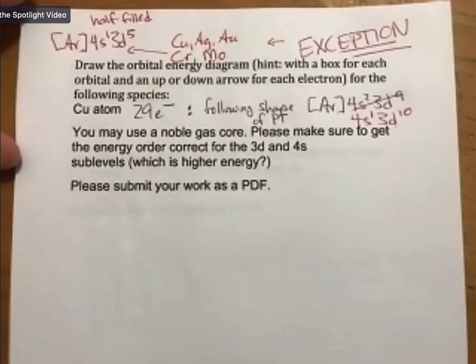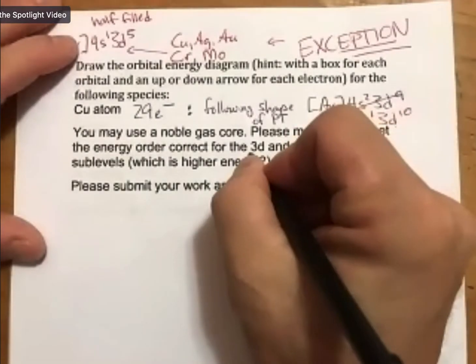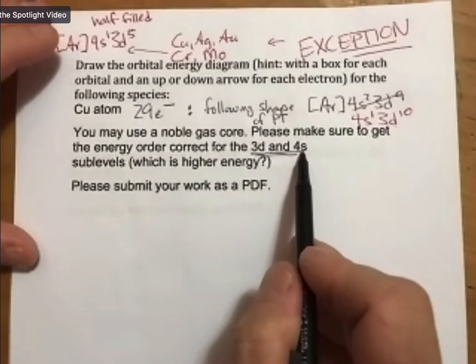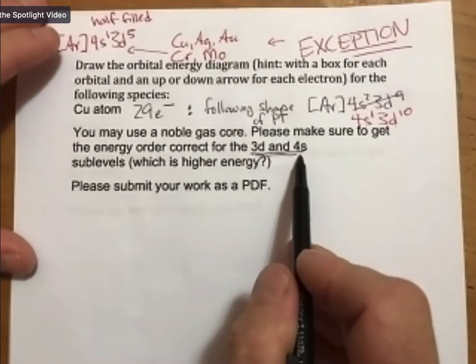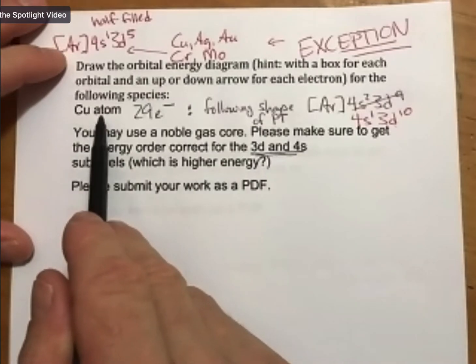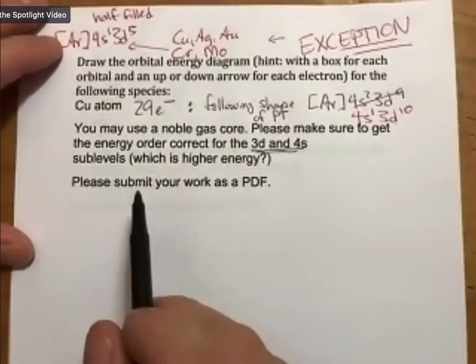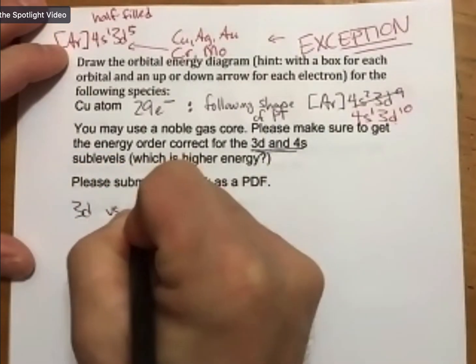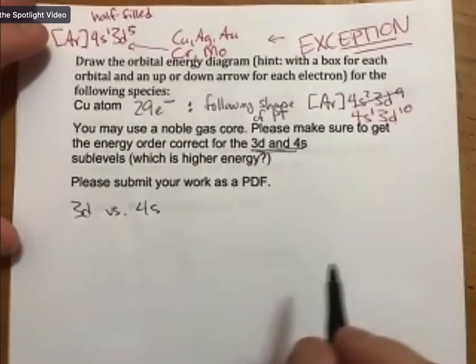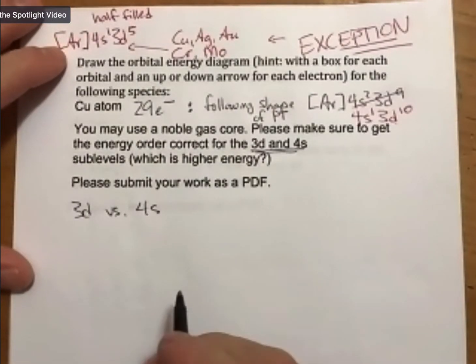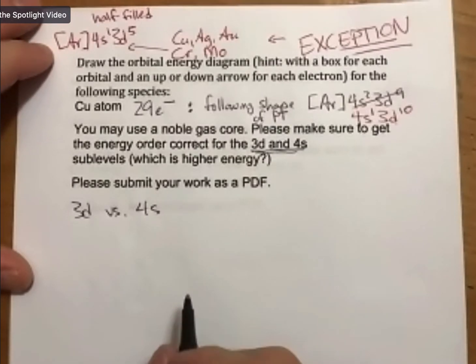Now let's do a full-blown discussion of 3d versus 4s and which is lower in energy. Then we'll come back and answer this question. So, 3d versus 4s. The examples I'm going to do should be from the lecture outlines, but it's a really good time to review them.